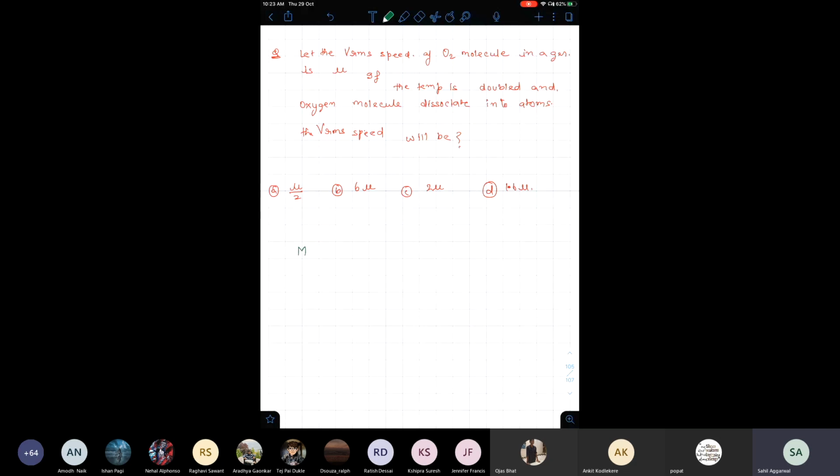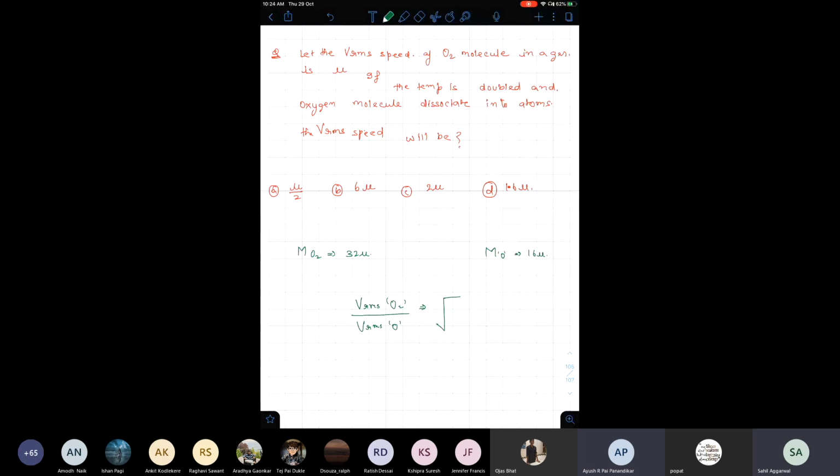Mass of O2 molecule is 32U. Mass of oxygen atom is 16U. So VRMS of O2 divided by VRMS of atom.